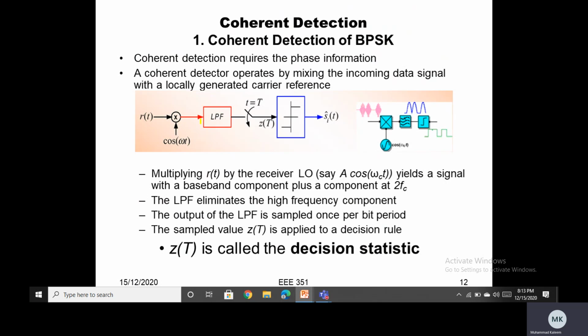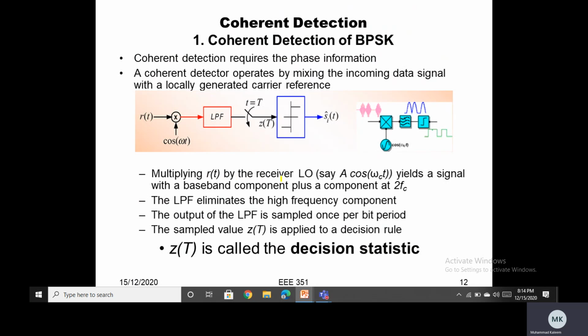We multiply both signals and pass it to the low pass filter to get rid of higher frequencies, and we get z(t), a sampled value at t equal to capital T, and we compare z(t) against a set reference. Normally it is set to 0, and if z(t) is larger than the reference or threshold, then hypothesis H1 is true, meaning s1 is transmitted. Otherwise H2 is true, meaning symbol 2 is transmitted.